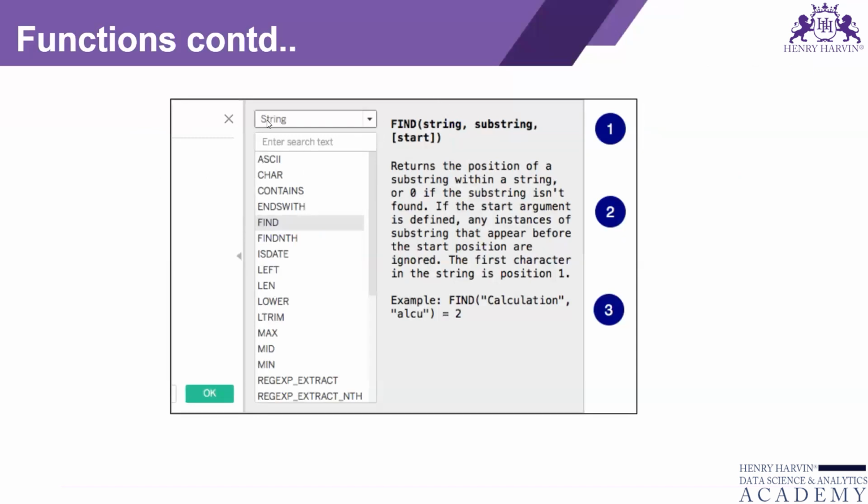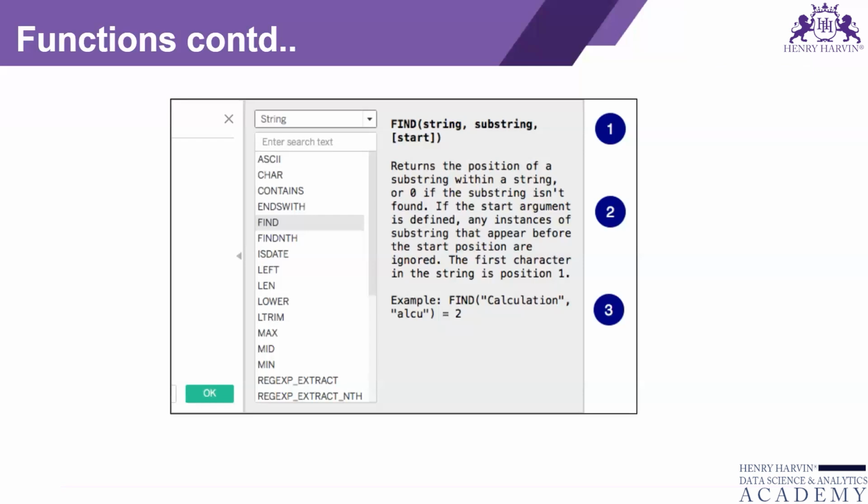If you see here, if this is my calculated field, I go here, I can click on any function and you will get the syntax of the function. Let's say the find function. So the find function will basically take a string, take a substring and take the start value. It returns the position of a substring within a string. To understand a substring within a string: you are trying to find out the position of a part of a string.